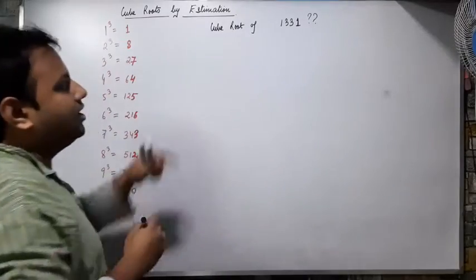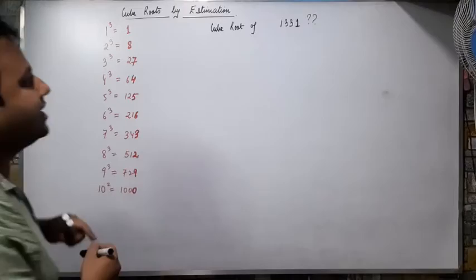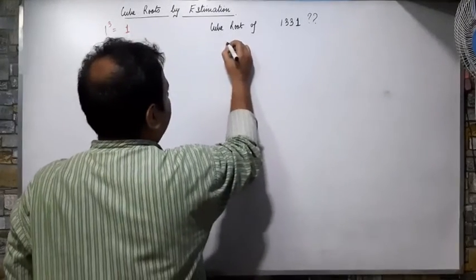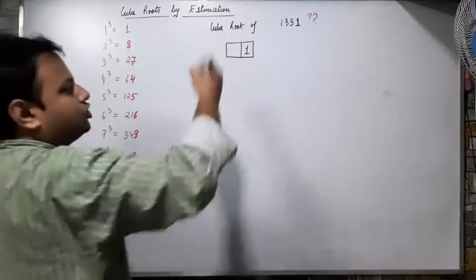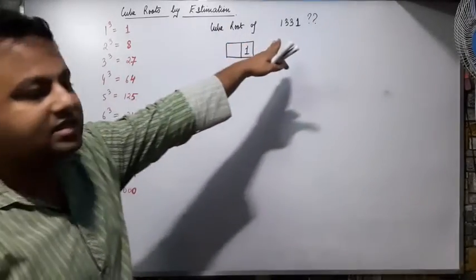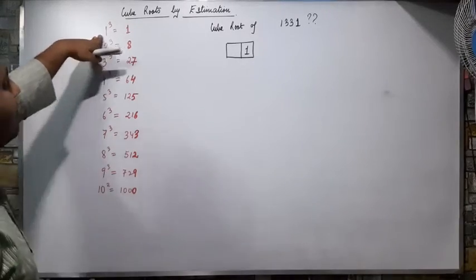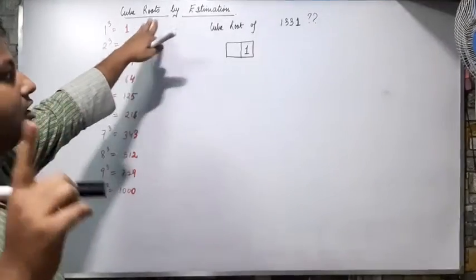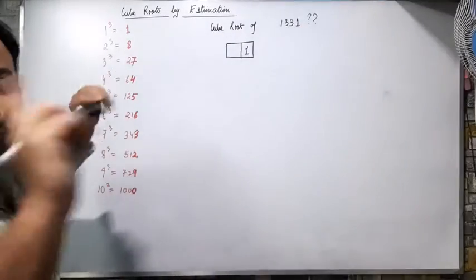So the ones is the unit of 1. If the last digit of the cube is 1, then the unit digit of the cube root will also be 1. So as here the last digit is 1, I will write the last digit as 1.